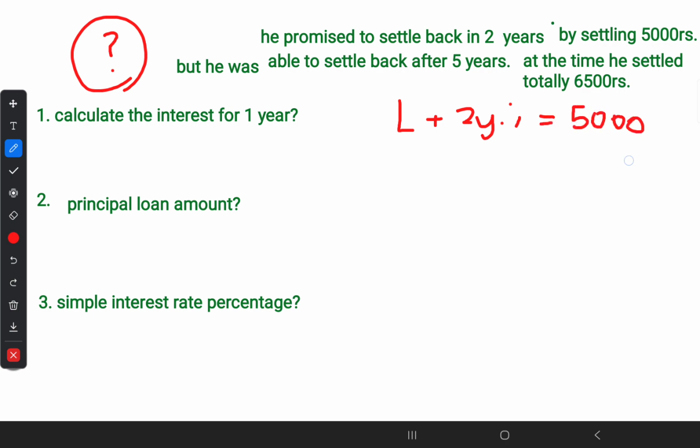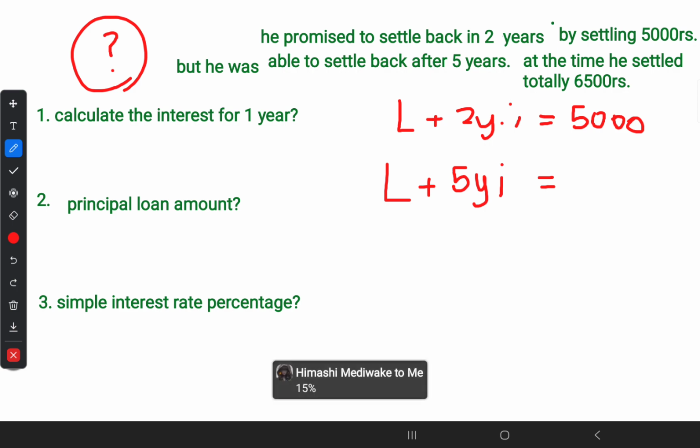Now, the loan plus 5 years of interest, because he breached that promise, is 6,500. So this would be the second equation.